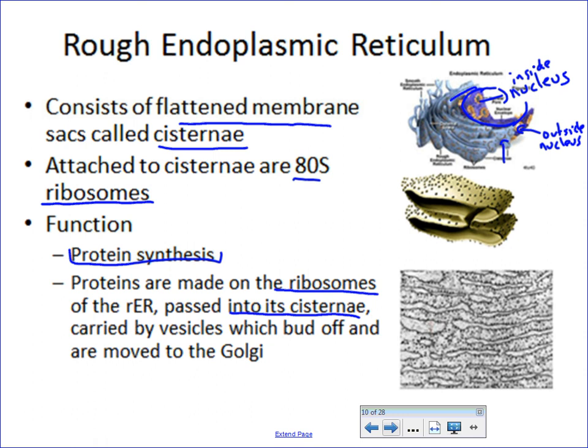And it'll form these series of channels around the nucleus. Attached to the membrane of that endoplasmic reticulum are going to be ribosomes. And those ribosomes will be attached on the cytoplasm side of the membrane.